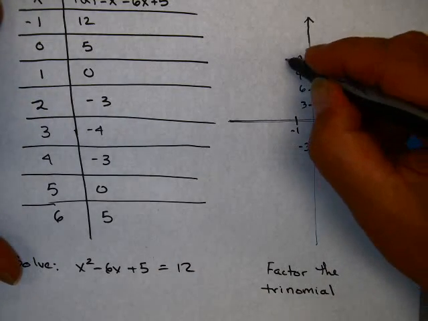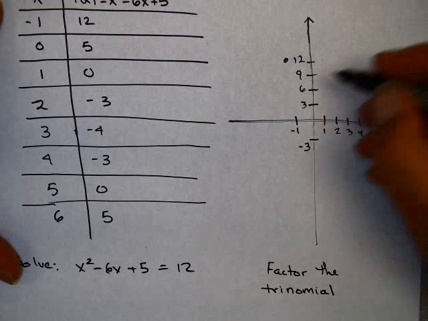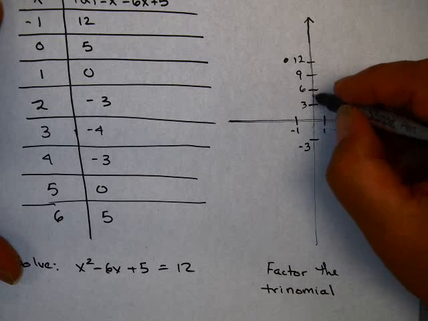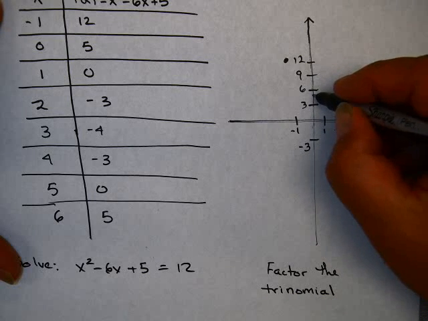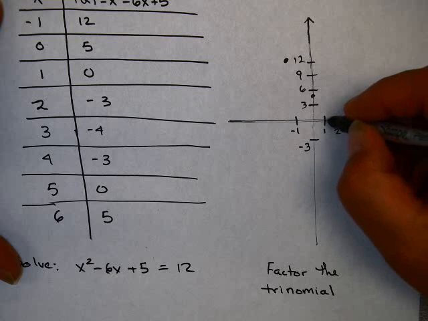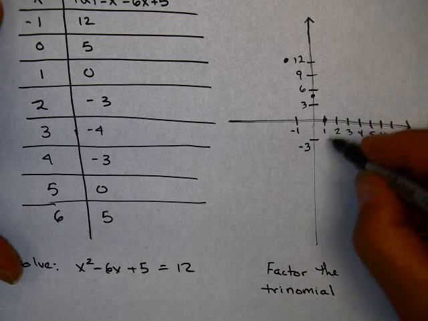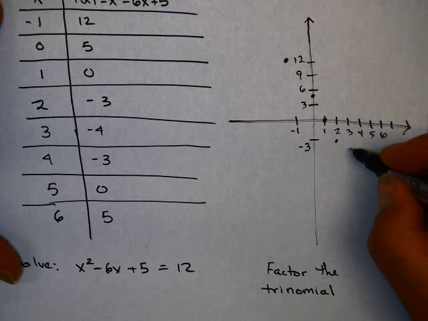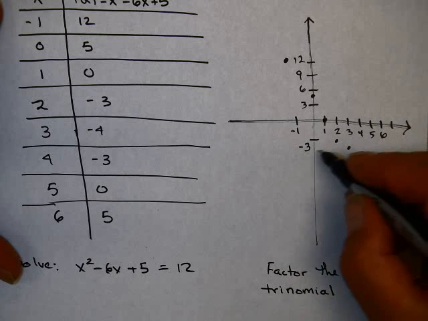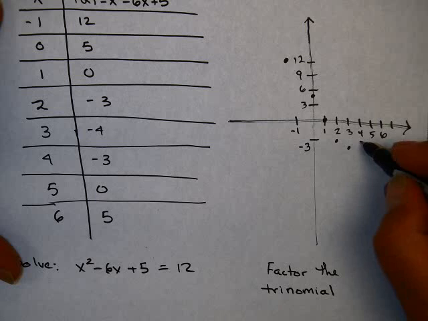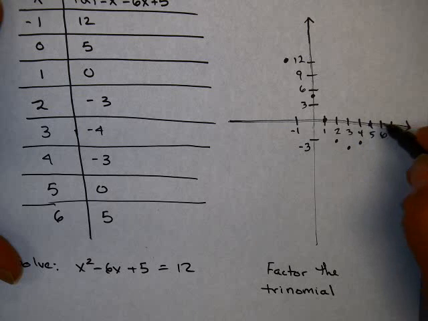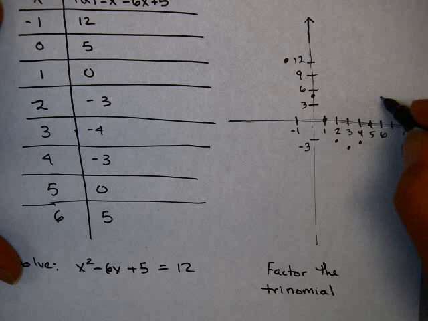So negative 1, 12 is this point right here. 0, 5, maybe about right there. 1, 0; 2, negative 3; 3, negative 4, maybe about right here; 4, negative 3; 5, 0; and 6, 5.